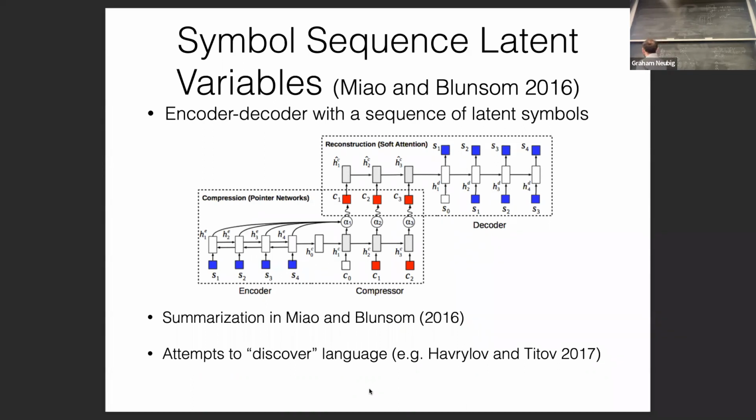Just to give one example, you might take an image and try to convert this into a sequence of latent discrete symbols, and then take the sequence of latent discrete symbols and re-predict the image using a decoder. Basically, you're forcing the image to be converted into discrete symbols. So you need to encode the image in an appropriate way using something that looks a little bit like language, because language is a sequence of symbols.